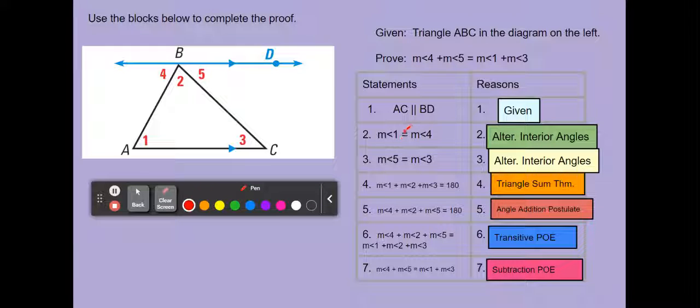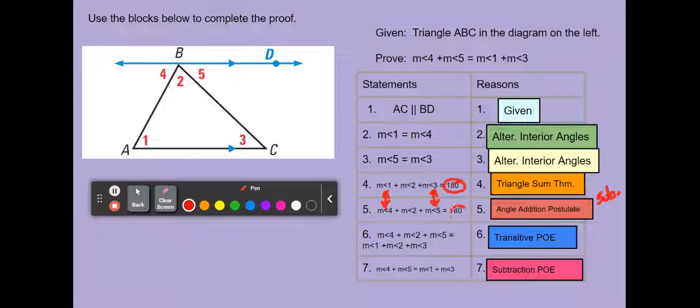And you'll notice I said 1 is equal to 4, so I can replace that here. 2, I said 3 is equal to 5. So that could be angle addition postulate or even substitution. Either one would have been correct for that one, but notice how I'm replacing those because I know they are equal.